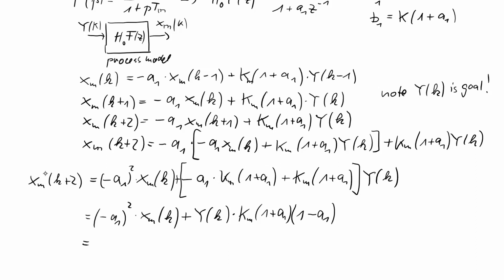And you see now, copy minus a1 squared times model output at time point xk plus y of k, unchanged. But now you see this is km, and now the advantage of using not b1 but replaced with km1 plus a1, you see 1 plus a1 times 1 minus a1 can be put together as 1 minus a1 squared.